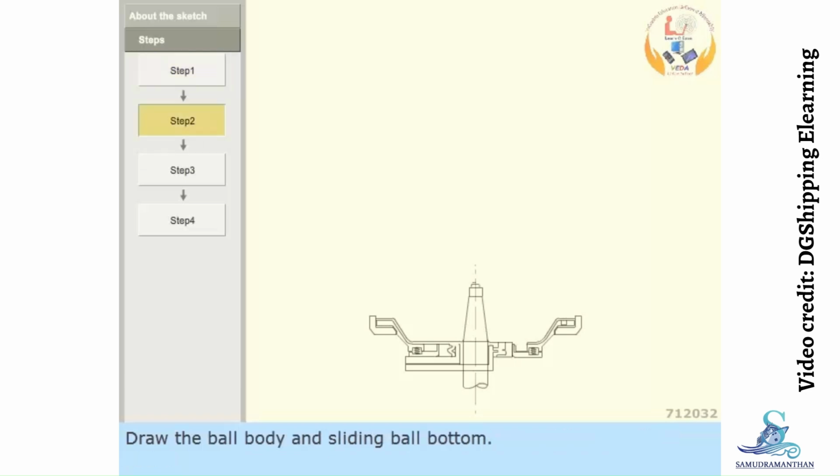Draw the ball body, and sliding ball bottom. Draw the distributing cone.